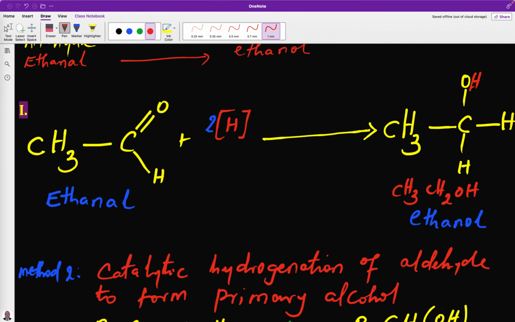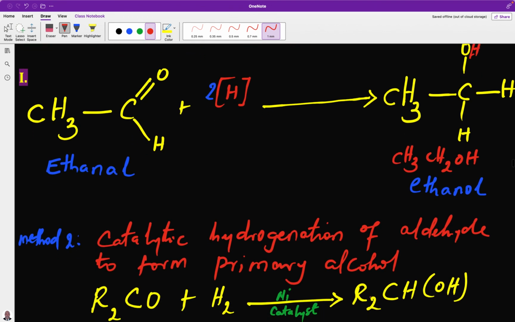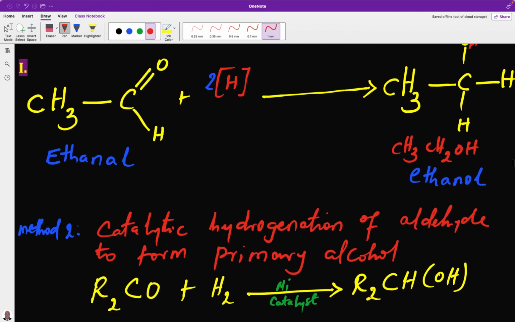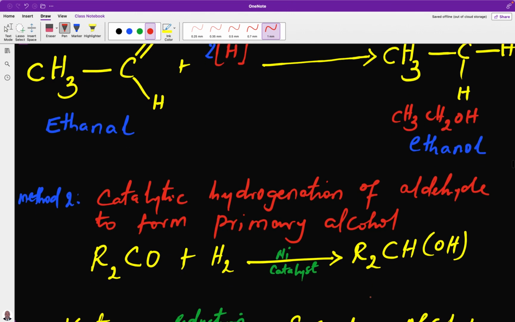By adding hydrogen there, we went back to ethanol. Alternatively, another method to prepare primary alcohol is catalytic hydrogenation of aldehyde. The catalyst was a nickel catalyst, and I've just given an example.